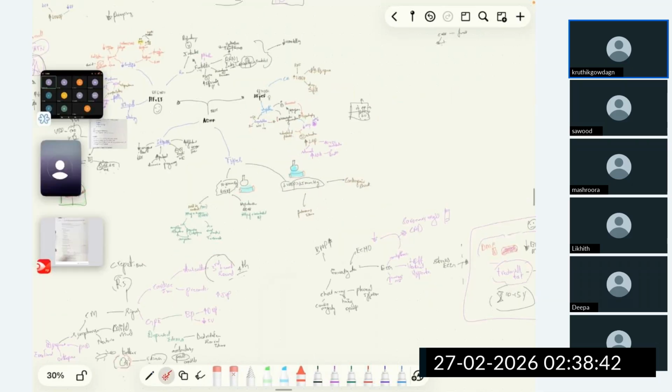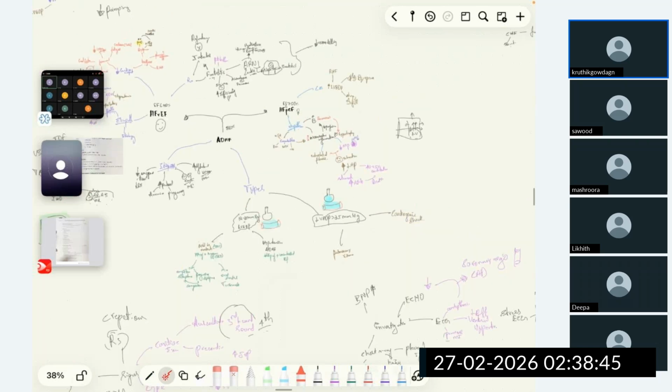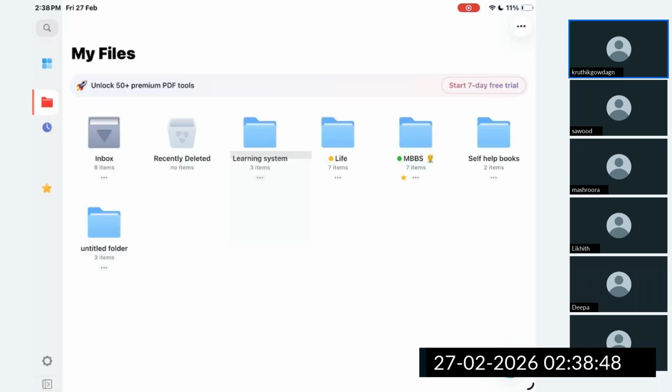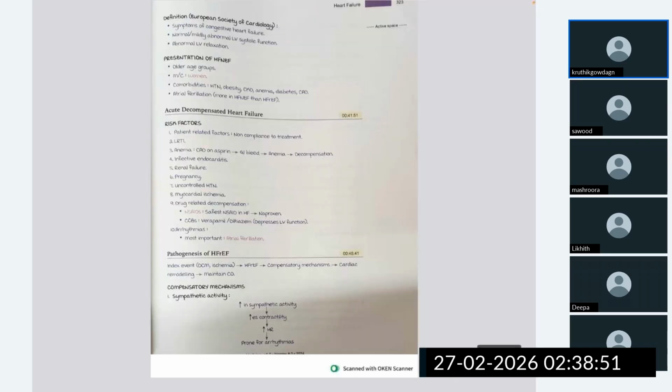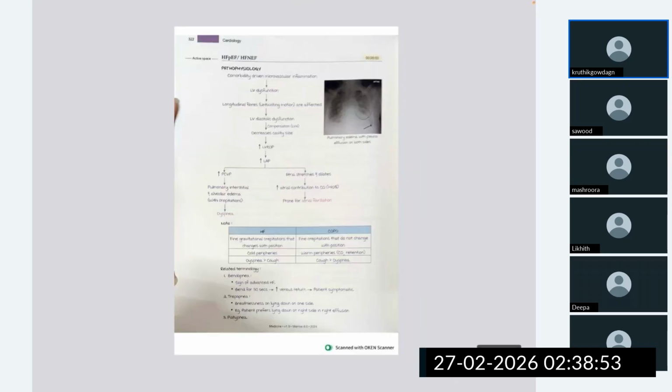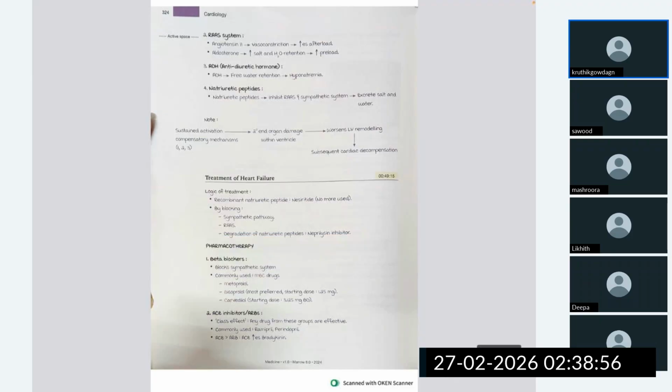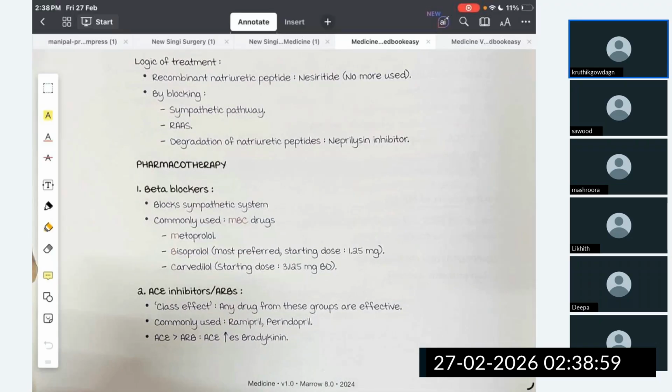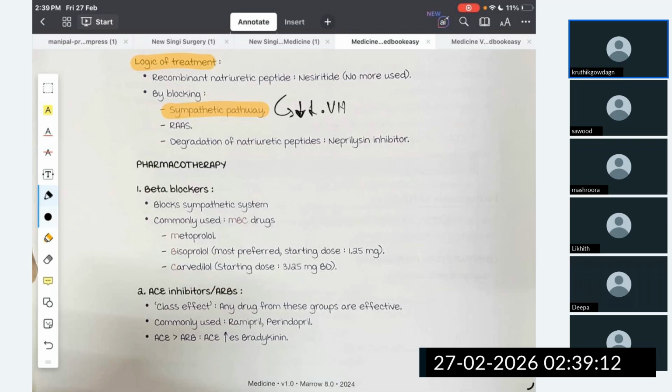Now let's quickly go on to the treatment of heart failure. What is the primary logic behind treating the heart failure patient? By blocking the sympathetic pathway, as I already explained, we are reducing left ventricular hypertrophy and cardiac remodeling, which is associated with better morbidity and mortality. We will also block the RAS system.